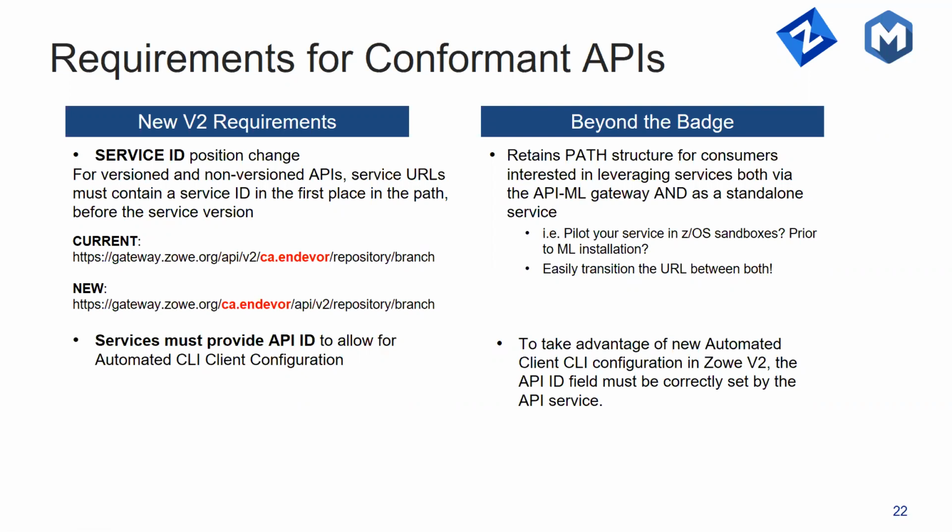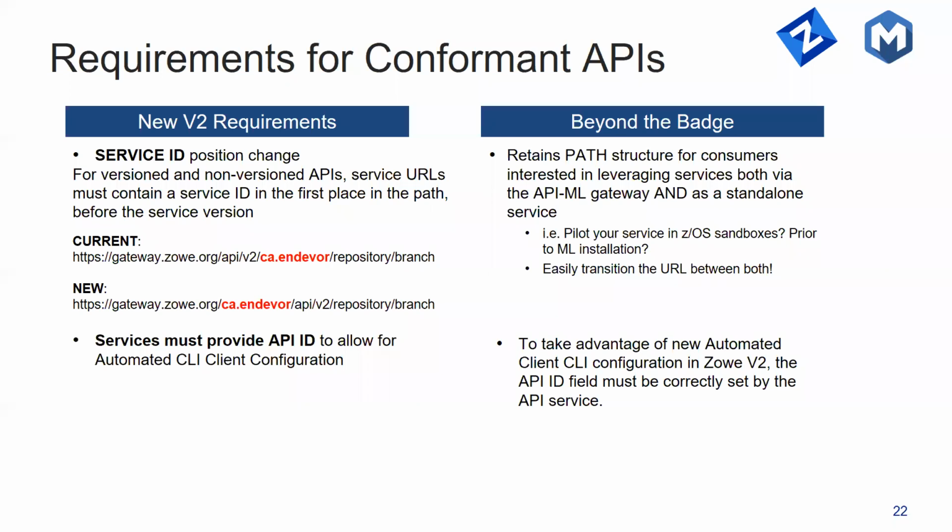And the final change that's going into the conformance criteria at this time for V2 is more something for the Broadcom folks. We ask that each service ID has a prefix. In the case of Broadcom services, until now that has been CA. But Broadcom is going through a rebranding, and so they are dropping the CA as a prefix.